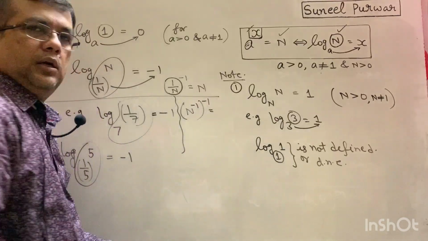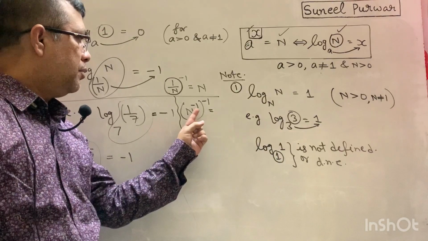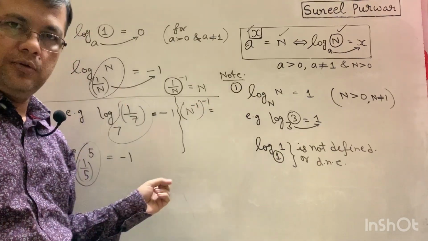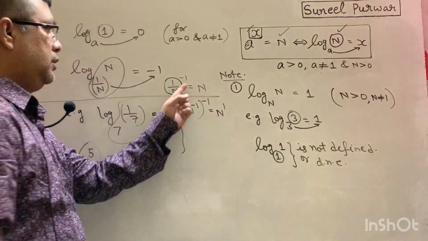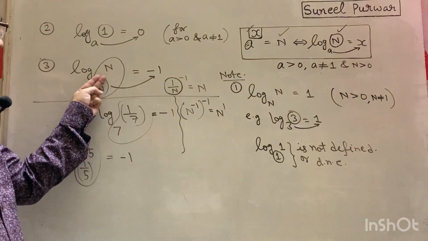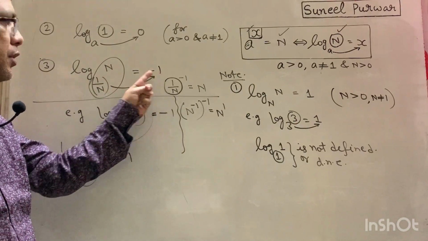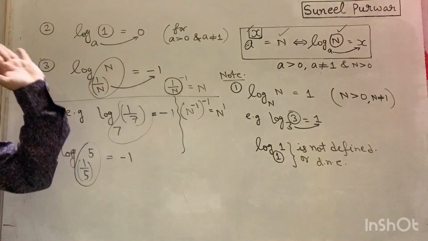Now, rule of indices. What will be the net power? Minus 1 into minus 1. These two powers will get multiplied, the first rule which I told. So this will become n power 1. Correct. So 1 by n to the power minus 1 must be giving you n, and it is giving. So this is true.